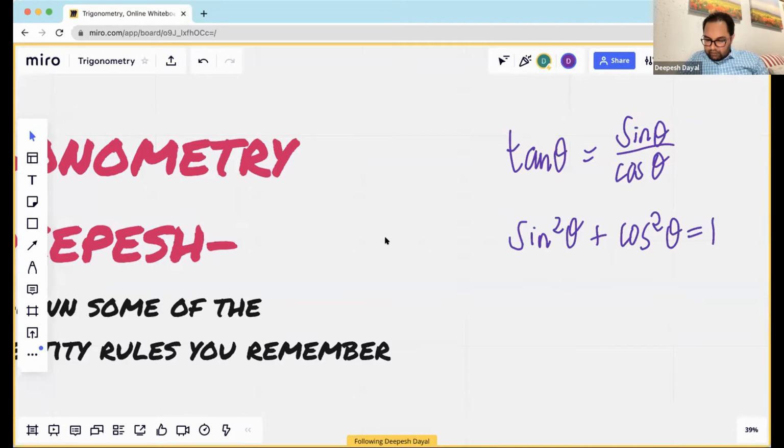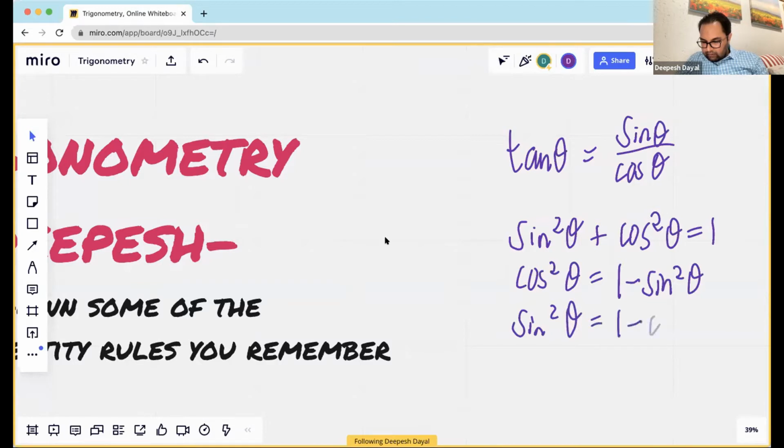We can say cos squared theta, or we can say sine squared theta. Okay, so these are the main ones that we use.